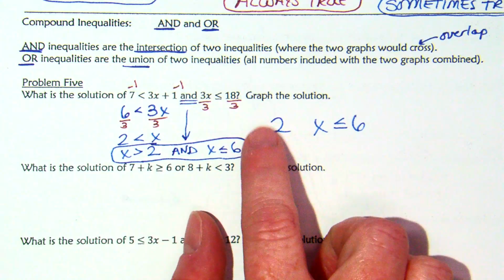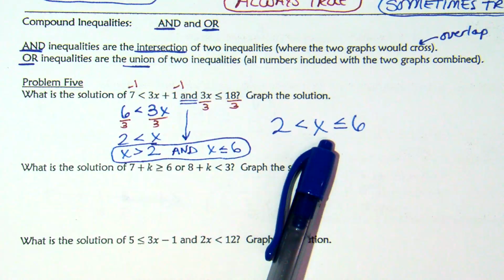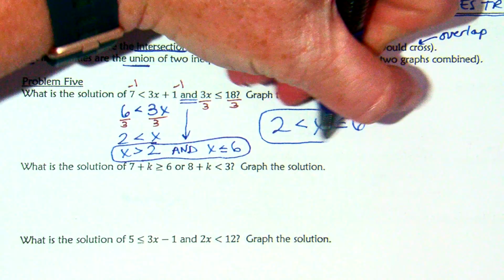These two inequality signs, when you've got this put together correctly, will always face the same direction. And if you put the larger number on the right, smaller number on the left, they will always be less than symbols. Okay? So this is what I will be looking for. I know if it was a Math Excel assignment, Math Excel would only accept that from what I recall in the past. Now let's graph it.